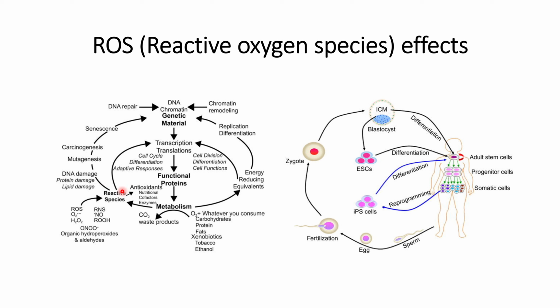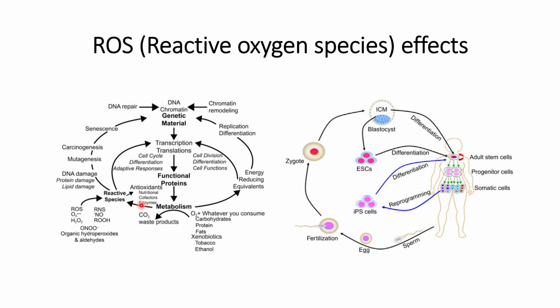So after that, these reactive species are controlled in normal or healthy cells, and other functional proteins are also produced that help in controlling these reactive species: antioxidants, nutritional cofactors, enzymes.